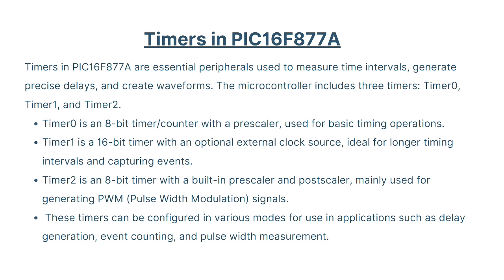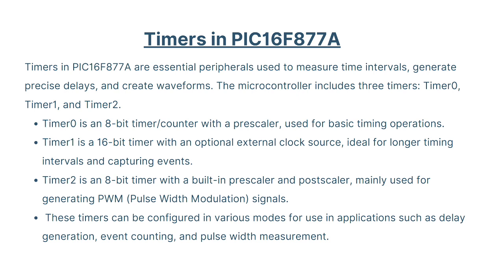So now we are going to discuss the timers in PIC16F877A. Timers in PIC16F877A are essential peripherals used to measure time intervals, generate precise delays, and create waveforms. The microcontroller includes 3 timers: timer 0, timer 1, and timer 2. Timer 0 is an 8-bit timer/counter with a prescaler used for basic timing operations.